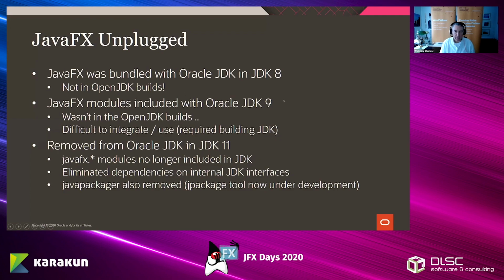So the JavaFX modules existed and were founded with JDK 9 with the Java Platform Module System. It still wasn't in the OpenJDK builds. This was difficult to integrate, and therefore it required building JDKs of that. After that, Oracle JDK is technically slightly the same as the Oracle OpenJDK, except for the license.